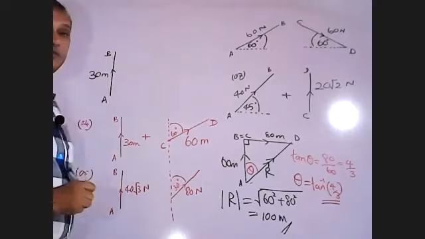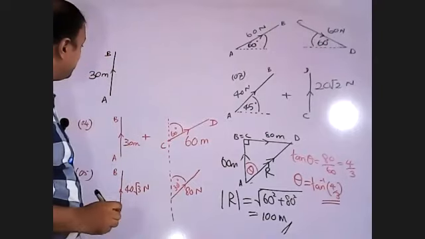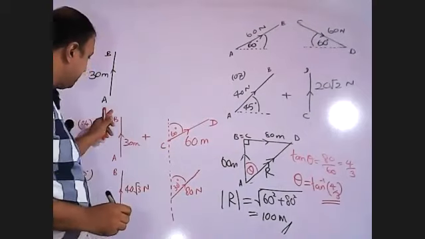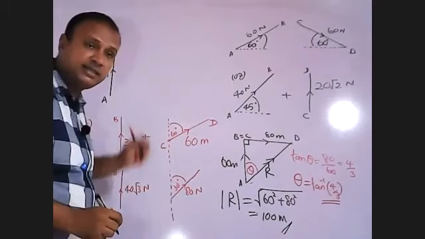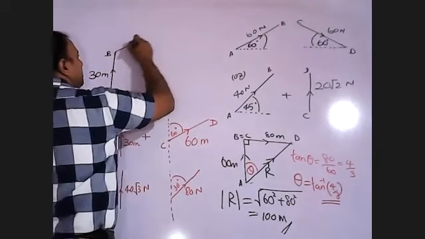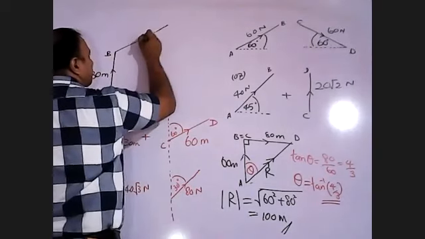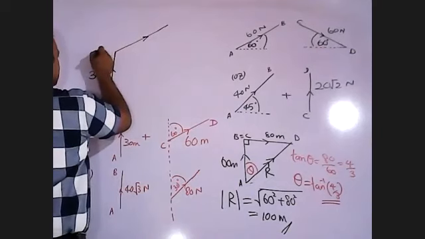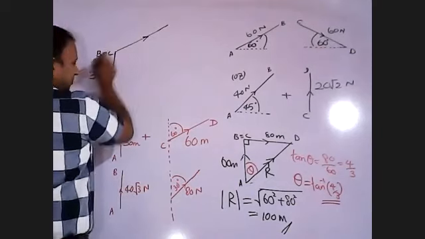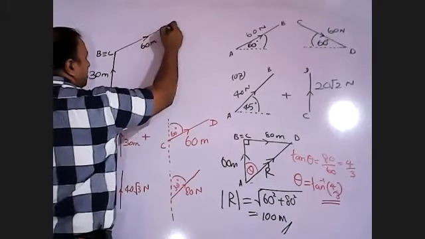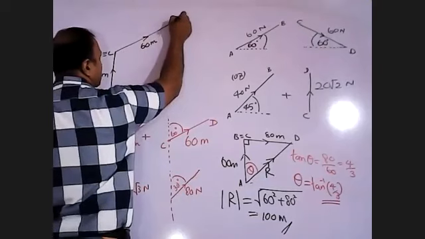So what should be the first step? You have to coincide B and C. B is the end point, C is the starting point. I should coincide B and C. Here, 60 meter. This is the vector.